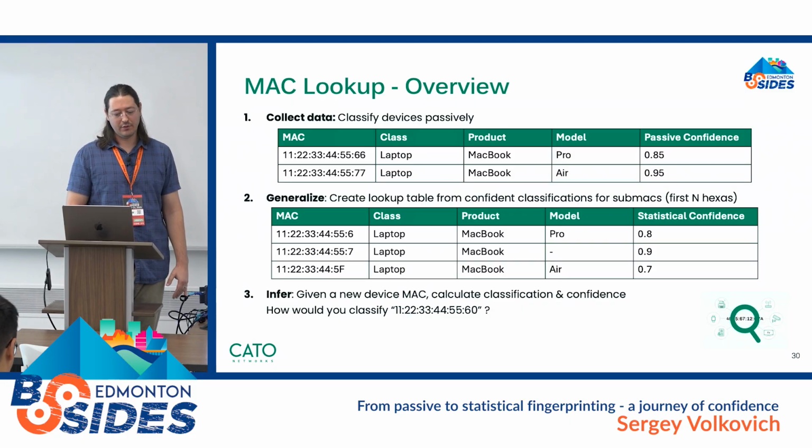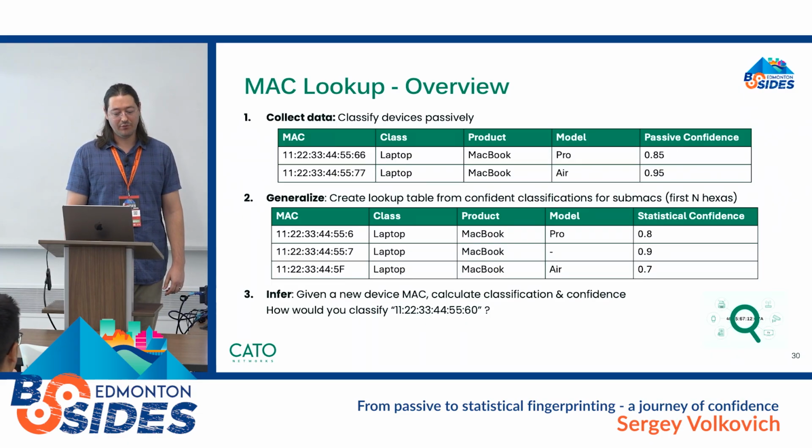So just to clarify, our lookup table will keep on growing forever, while our passively classified devices file is something that has some retention rate, because new devices are classified for some period of time, and we don't keep every device of every customer, etc.